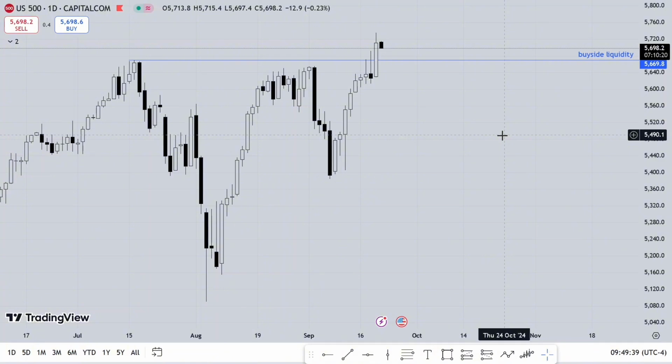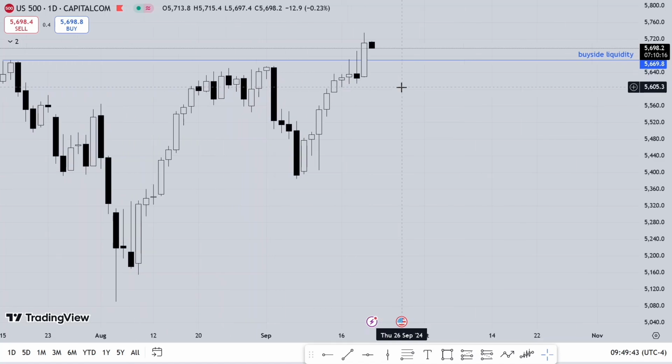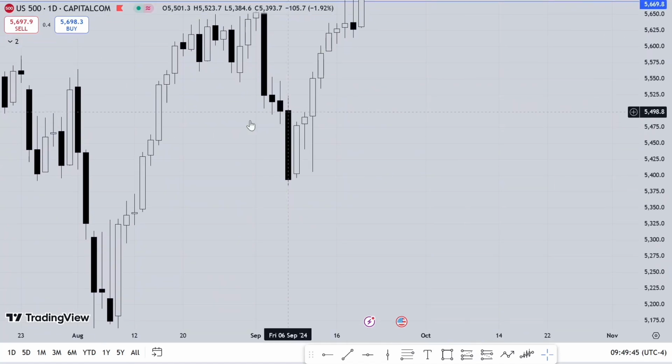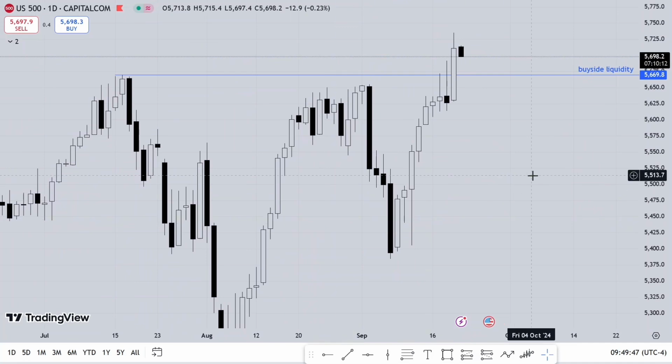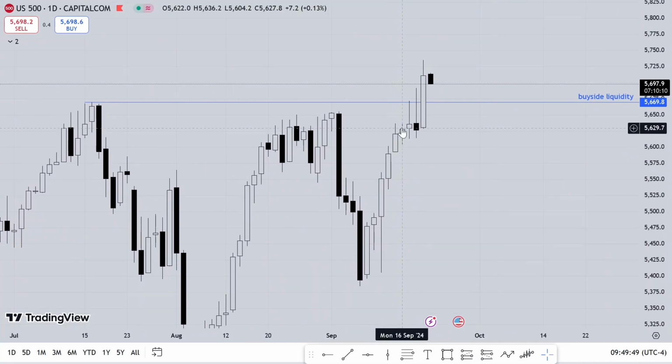So after Monday's trading, we had the next candle, which is Tuesday's candle. We opened here and then dropped lower. The Judas swing was carried out below the midnight opening price.